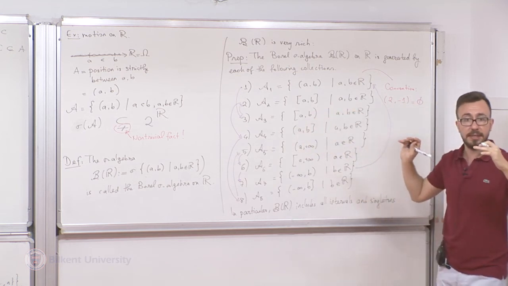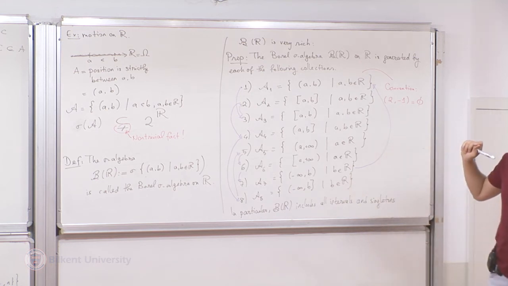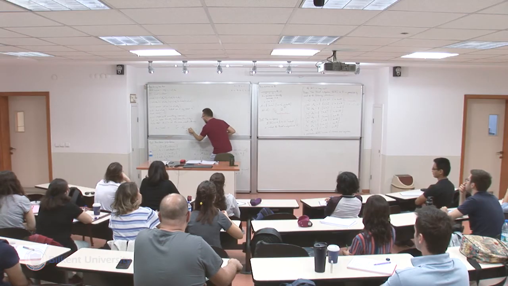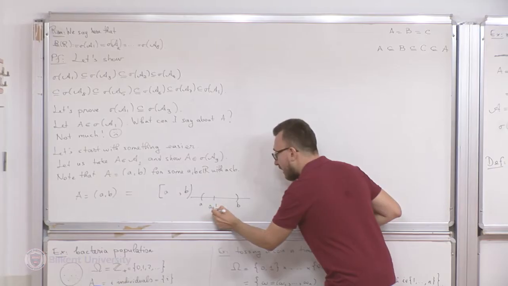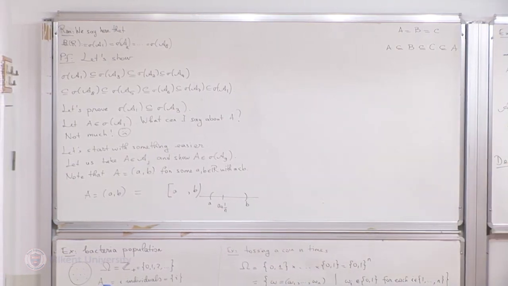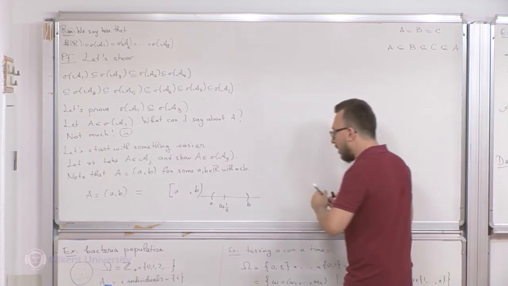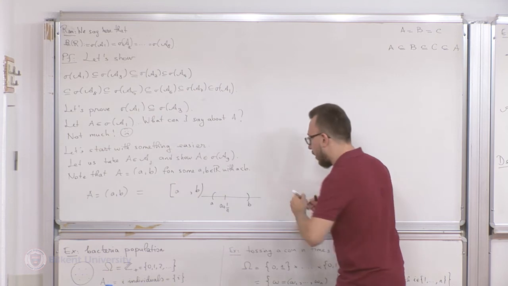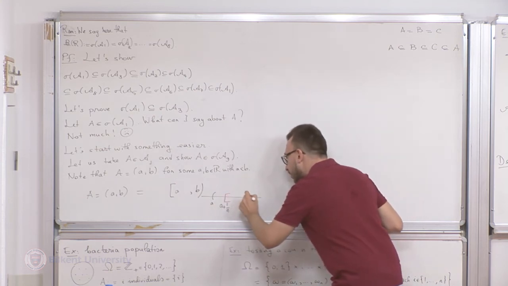Yes? We can take an interval like closed a plus 1 over n with b. So let's do it. a plus 1 over n is somewhere here, right? If n is large enough, a is very close to a plus 1 over n. So the idea is that why don't we just look at this interval?